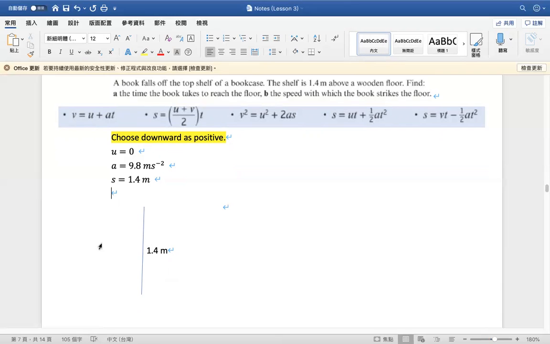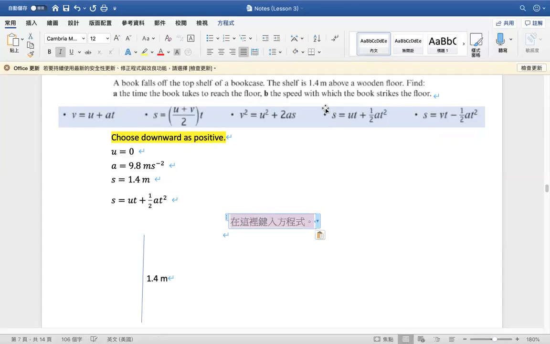And then next, part A, we want to find the time the book takes to reach the floor. Which equation should we use? We have u, a and s, so I think we should use this one, right? s equals ut plus a half at squared.